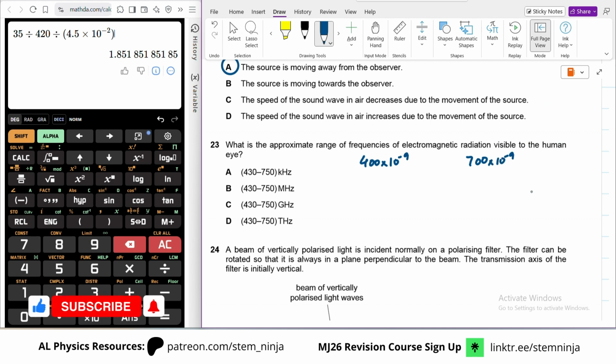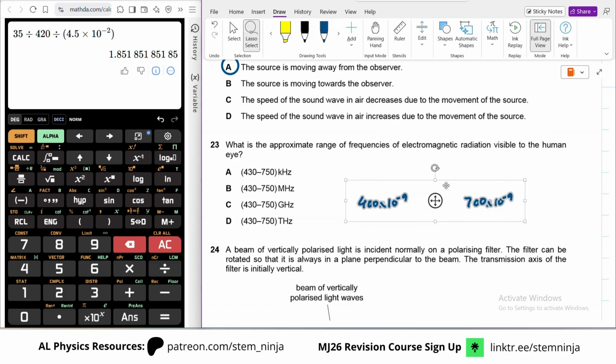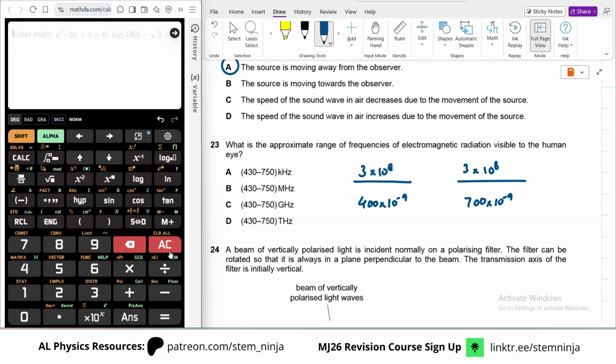So just do f equals v over lambda. 3 times 10 raised to the power 8, so 3 divided by 700 times 10 raised to the power 8 plus 9.